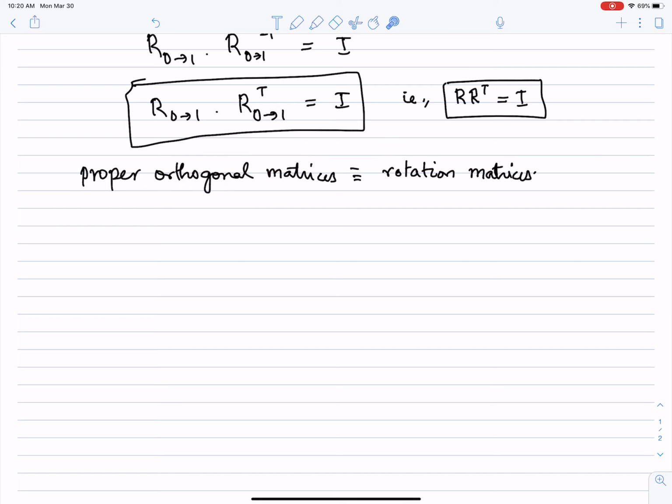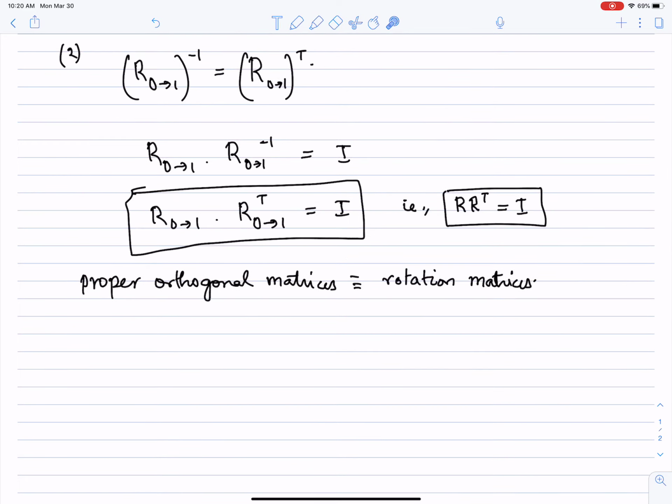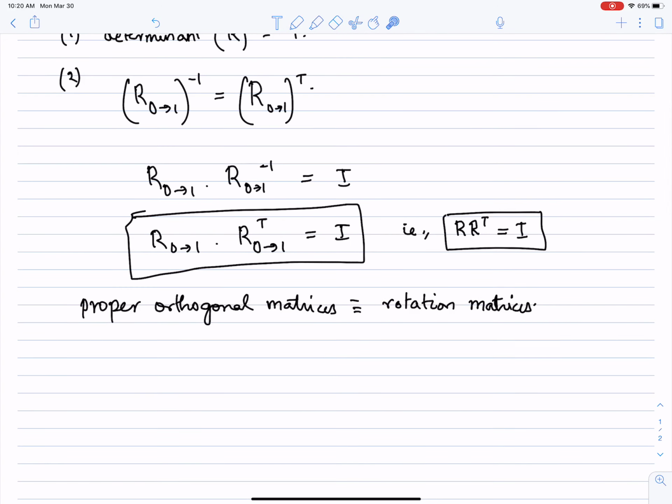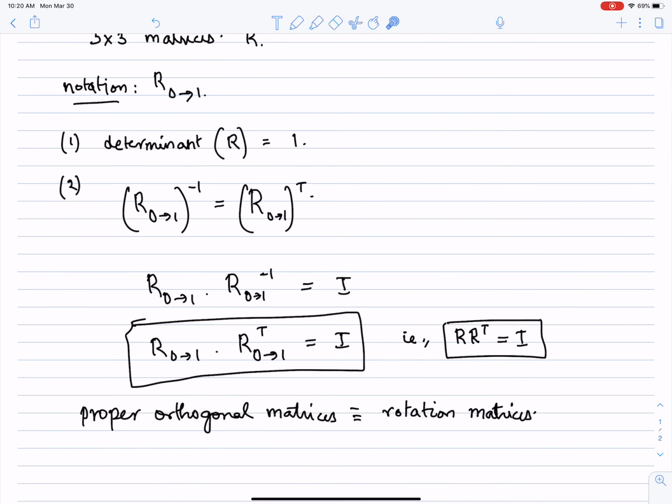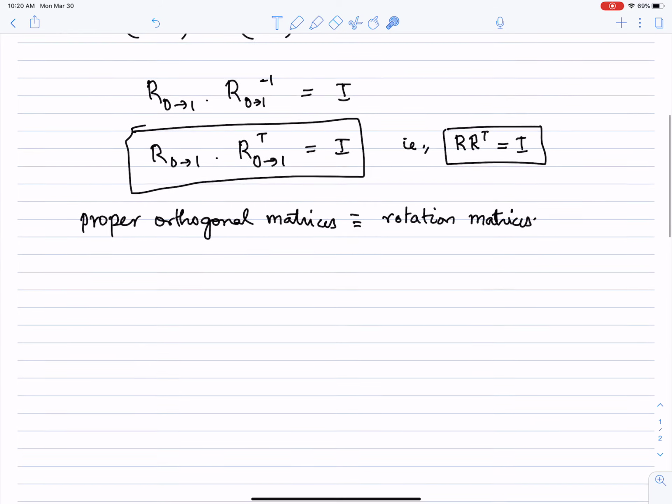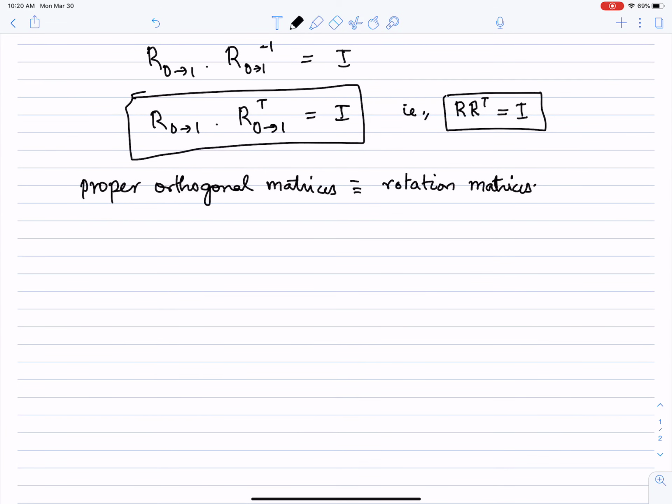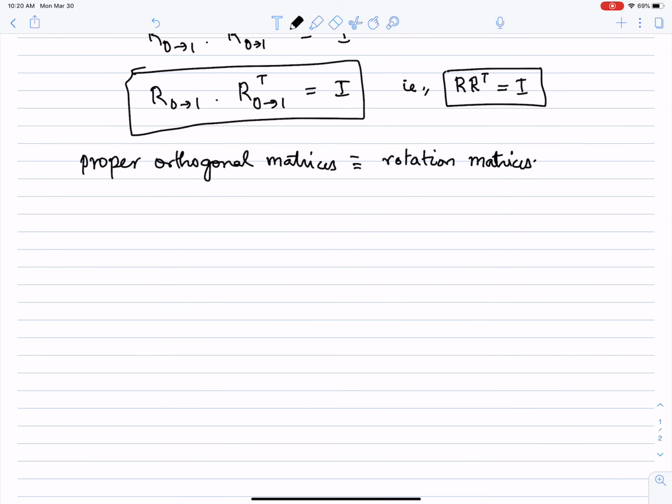Orthogonal matrices means that R R transpose equals I. The proper orthogonal matrix means that the determinant is also equal to 1. Okay, so those are rotation matrices. Those are the two main rotation matrix properties.